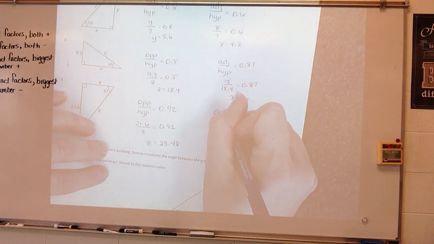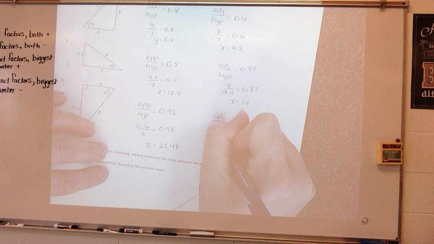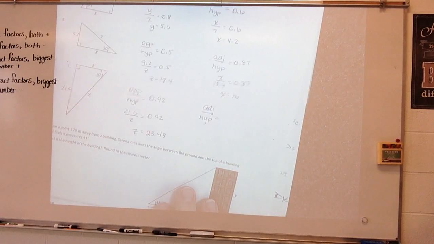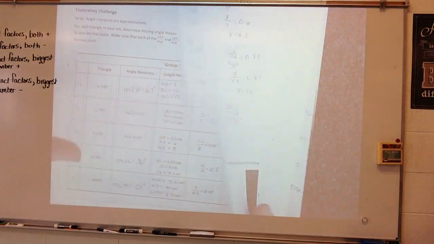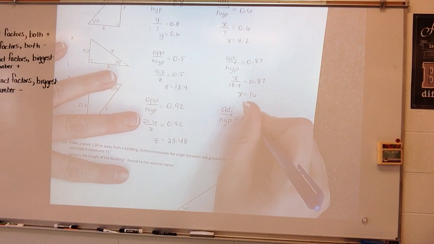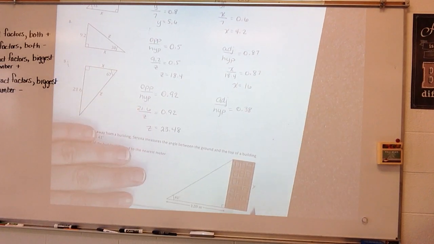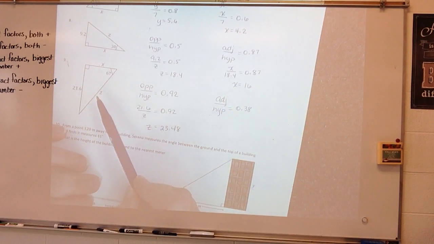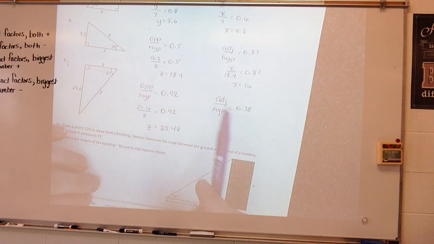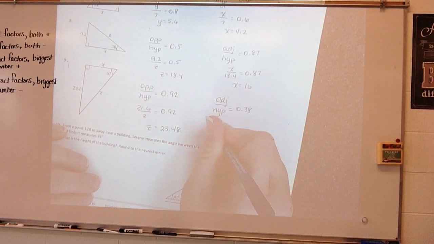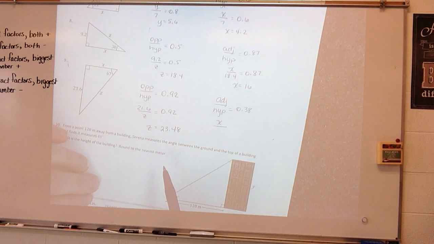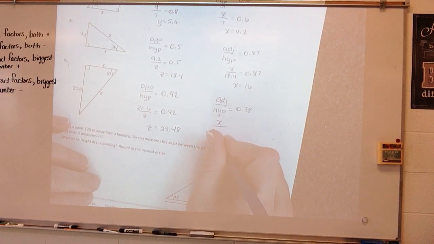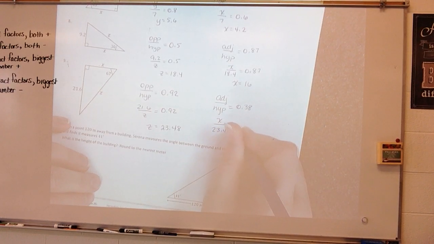Alright, and then my adjacent over my hypotenuse. We're dealing with the 67-degree angle again, so it's 38/100. So the adjacent is x, which I don't know yet, over my hypotenuse, which I know now as 23.48, is equal to 38/100.